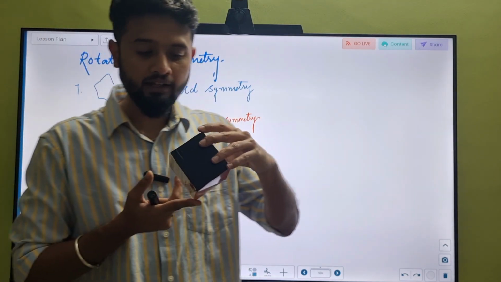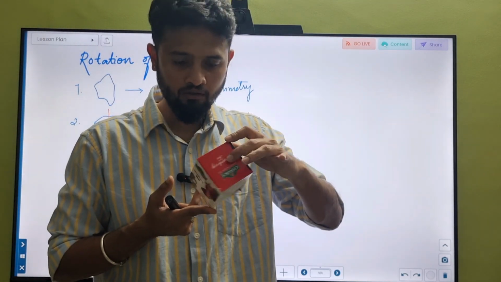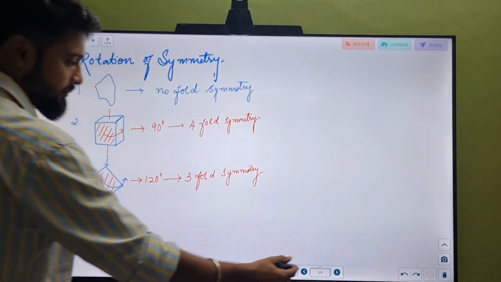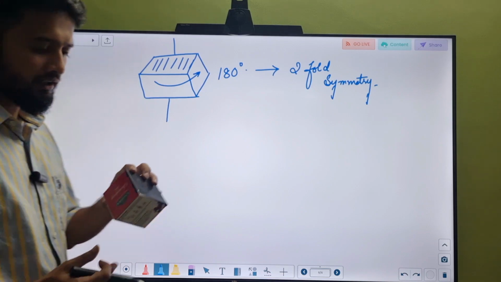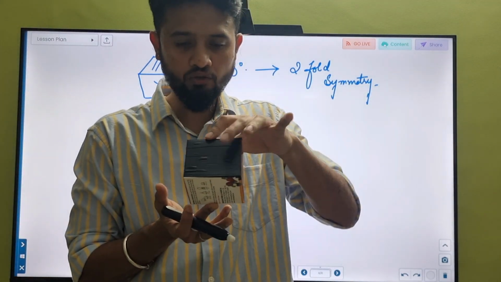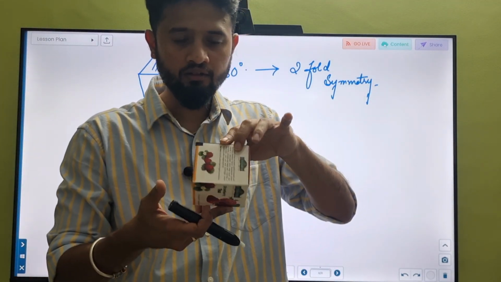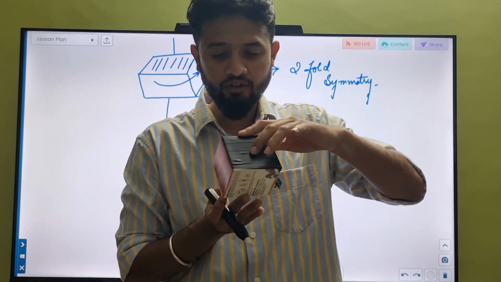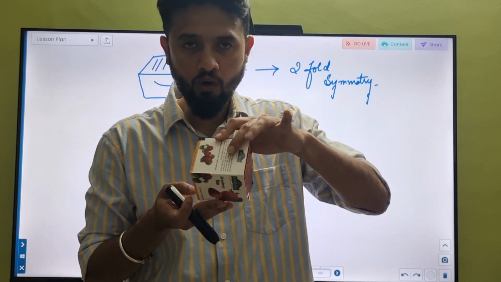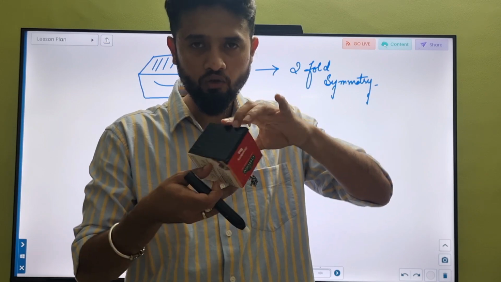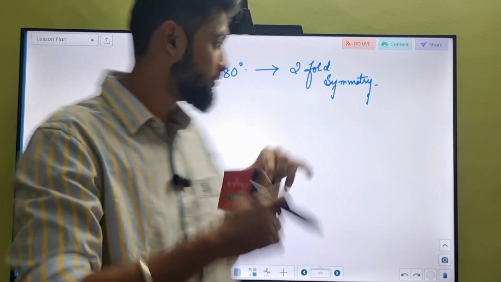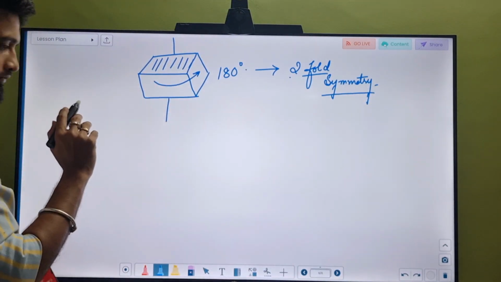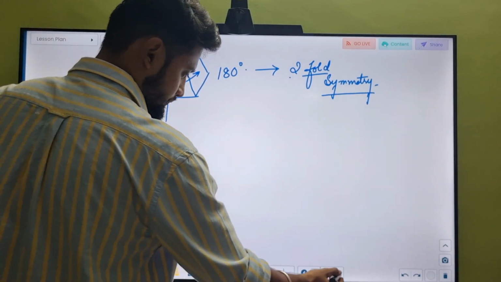Along the solid angles, 1, 2 and 3, so 3-fold symmetry. And along the edges, I'll rotate it once, I'll get one new face, and I'll rotate it twice, I'll get the same face. So here, 2-fold symmetry. I hope this is clear.